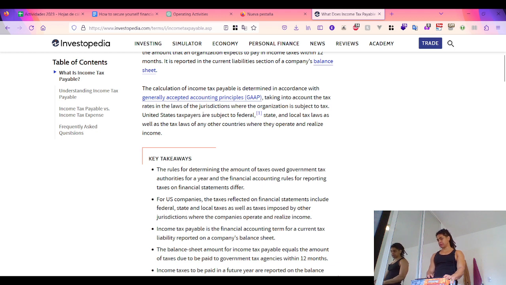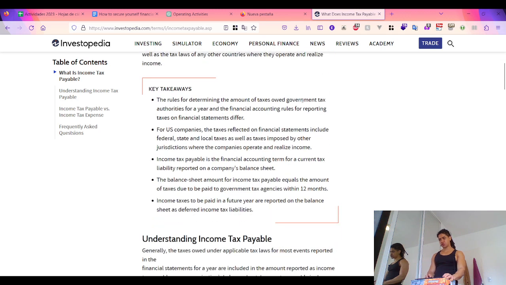The rules for determining the amount of tax owed to the government tax authority for a year and the financial accounting rules for reporting tax on financial statements differ. For a U.S. company, the tax reflected on financial statements includes federal, state, and local taxes, as well as taxes imposed by other jurisdictions where the company operates and realizes income.